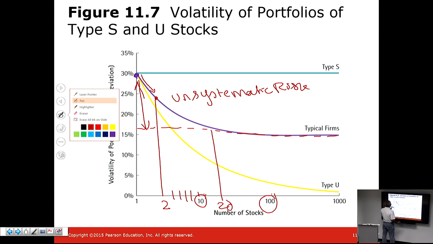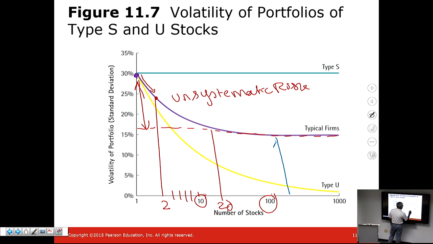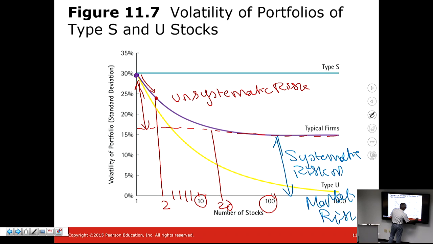But what I have not been able to eliminate is the systematic risk or market risk. I've not been able to eliminate that. Since I cannot eliminate this systematic risk or market risk, even if I add 1,000 stocks into my portfolio, that means this systematic risk or market risk is the most important driver of my portfolio's performance.